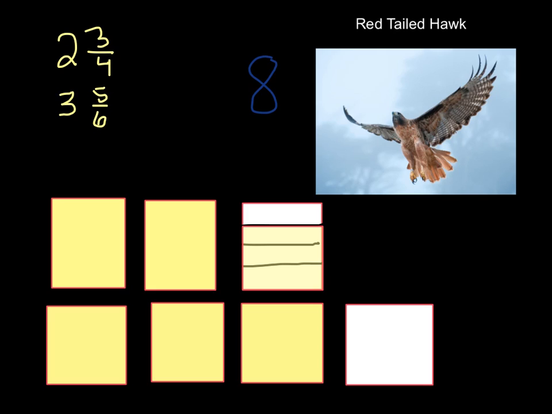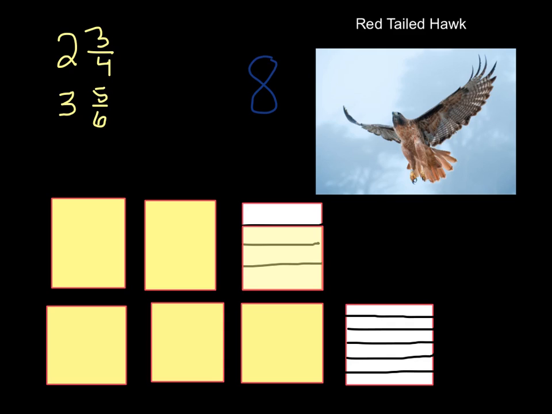Now here I have 5 out of 6, which means I'm cutting it into 6 parts, which means I'll draw 5 lines. So I'm going to go 1, 2, 3, 4, and 5. And that should give me 6 parts.